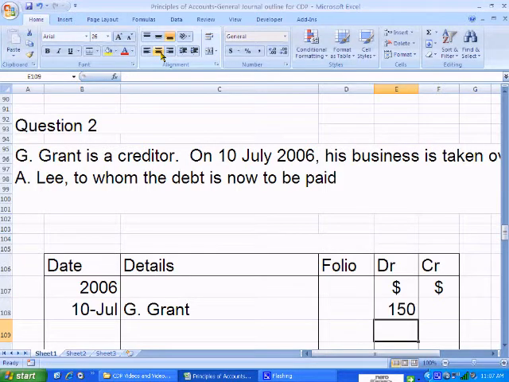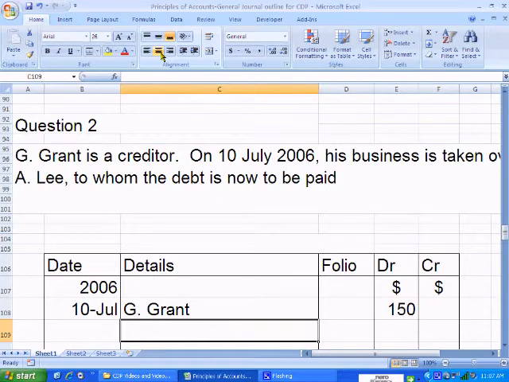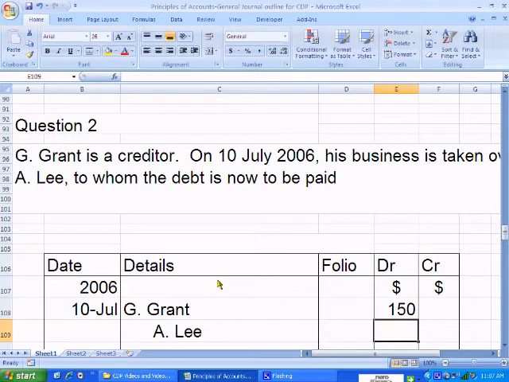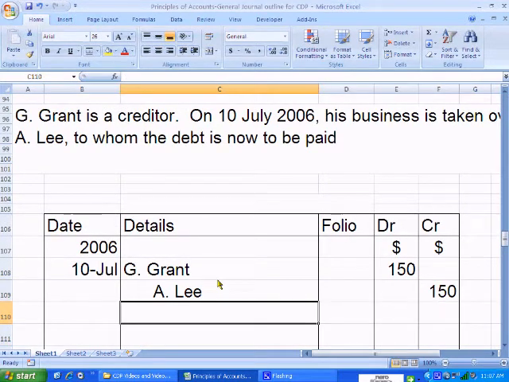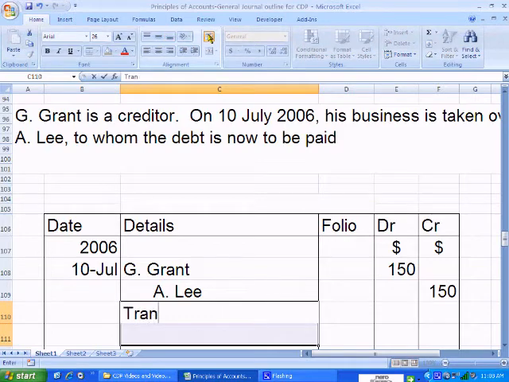As usual, you put that little indentation, A. Lee, and then we write the narration. Narration will be transfer of indebtedness as per letter. So that is all that will be done.